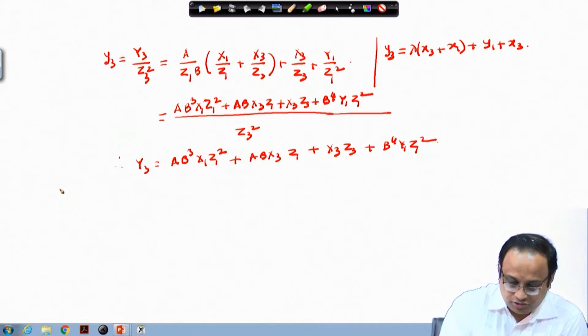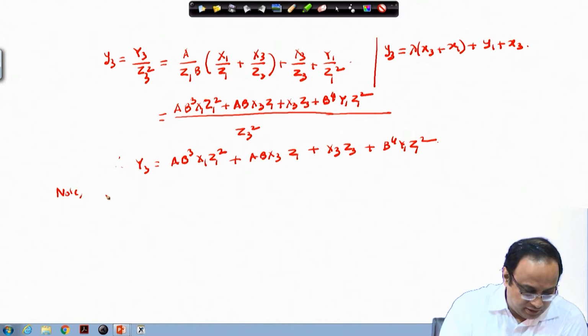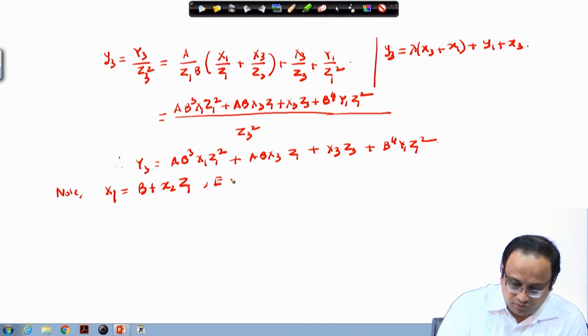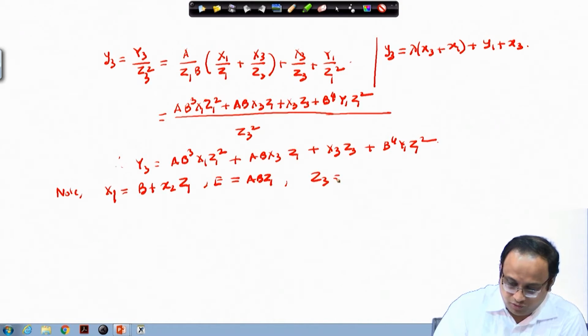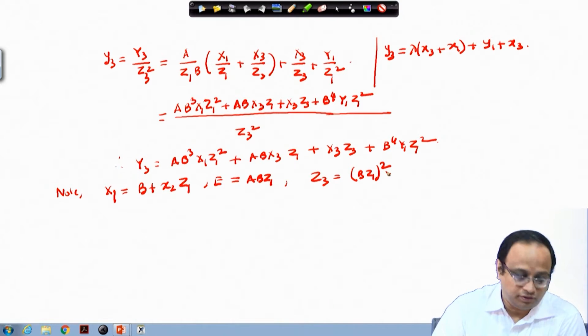Okay. So, now note that we already had this in the previous derivations, that capital X1 was equal to b plus x2 Z1 and E was equal to AB Z1. Okay. And also that Z3 was equal to (B Z1) whole square. Okay.